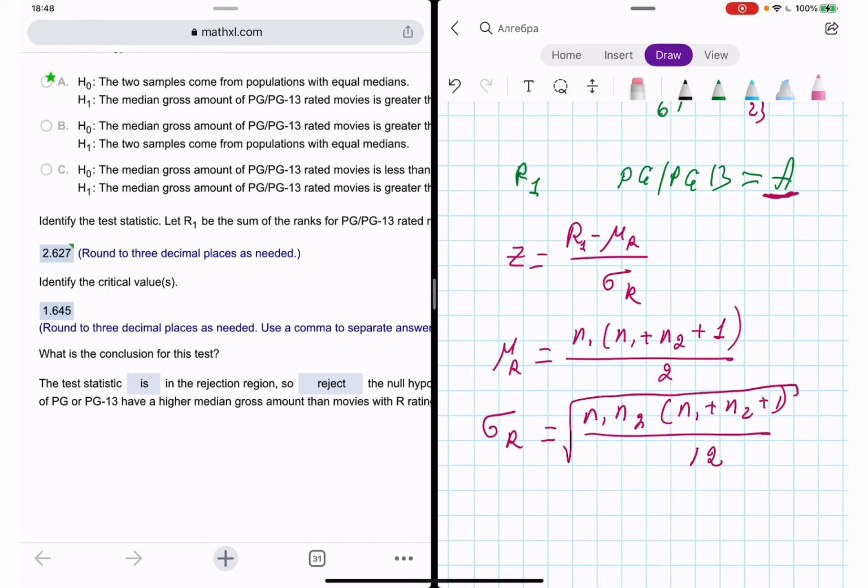And now once we have it, we can start doing math, okay?